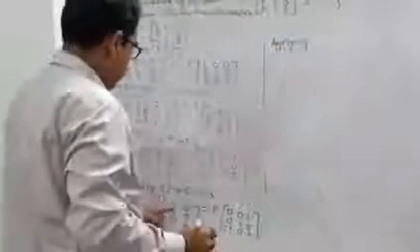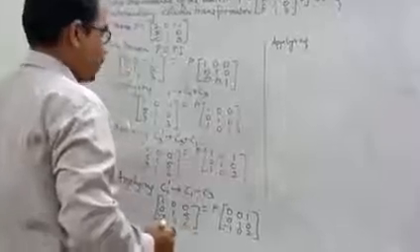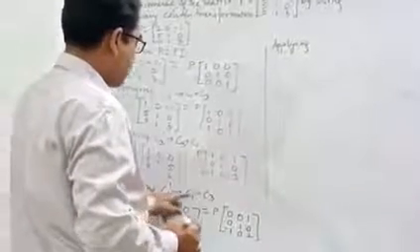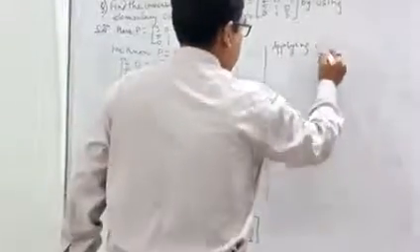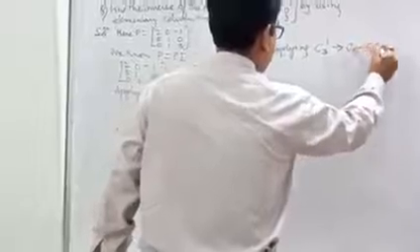Look at here, 1, 0, 0, 0, 1. Here we have to make it. So by applying C1 prime tends to C1 minus C3, here C3 prime tends to C3 minus 5 C2.